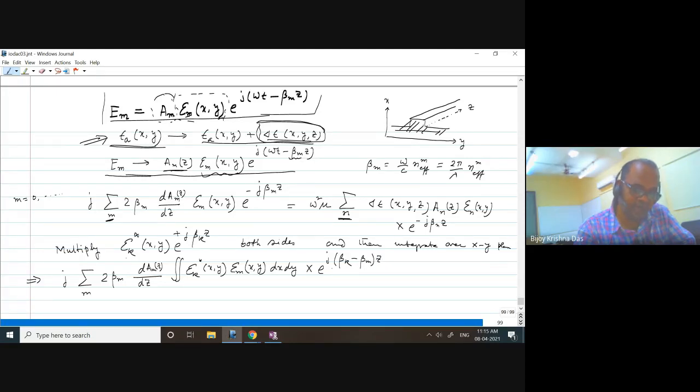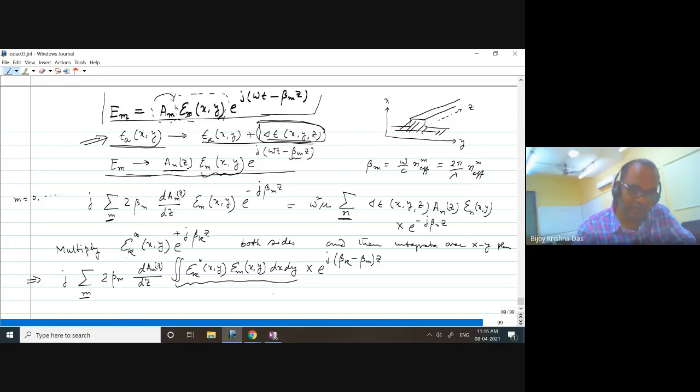So k is fixed here, but you are summing over m, all the modes. You have to check beta k minus beta 0, beta k minus beta 1, and so on. Whenever m runs over all the modes starting from 0, it will be coming here. And along with that, I will also see this value. What is the integration value there? So that is the left hand side I am getting.